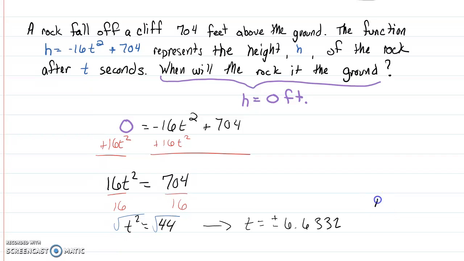I would have to say that t is equal to the positive answer only of approximately 6.63 seconds. So this is where we talked about earlier in the chapter. There are sometimes restrictions on your domain, in particular when you're dealing with word problems.